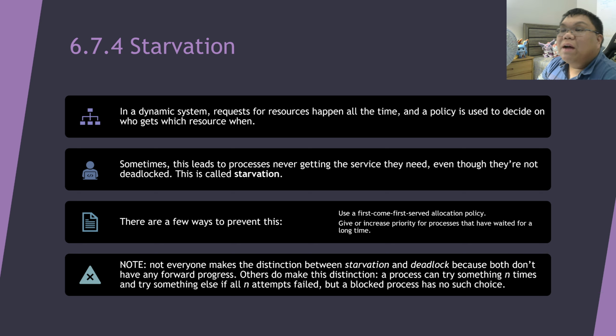With deadlock, processes don't get what they need, but with starvation, it's a little bit nuanced, and I'm trying my best and failing at articulating the difference between starvation and deadlock.